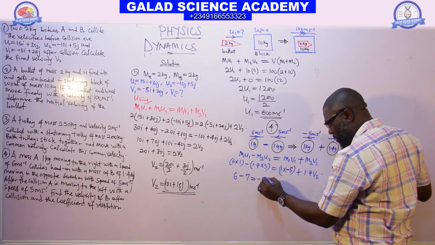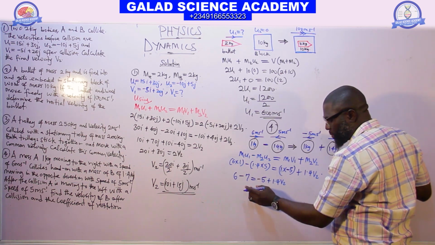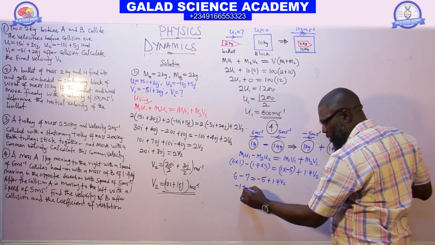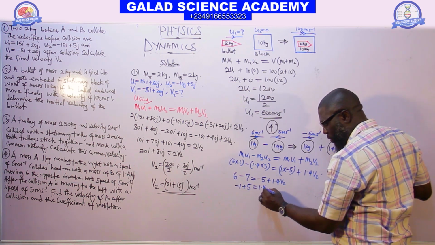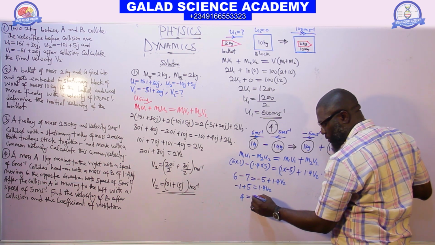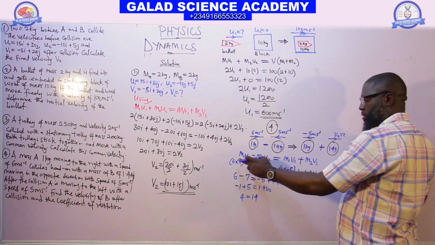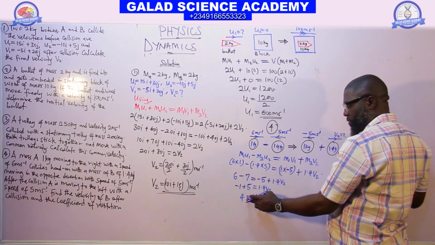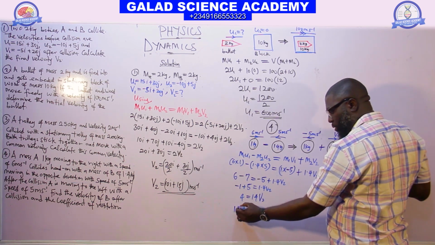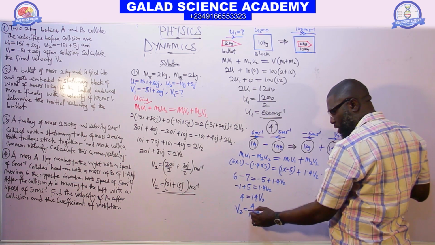So we now have minus 5 plus 1.4 V2. By collecting the terms, we have 4 equal to 1.4 V2. So V2 should be 4 over 1.4.